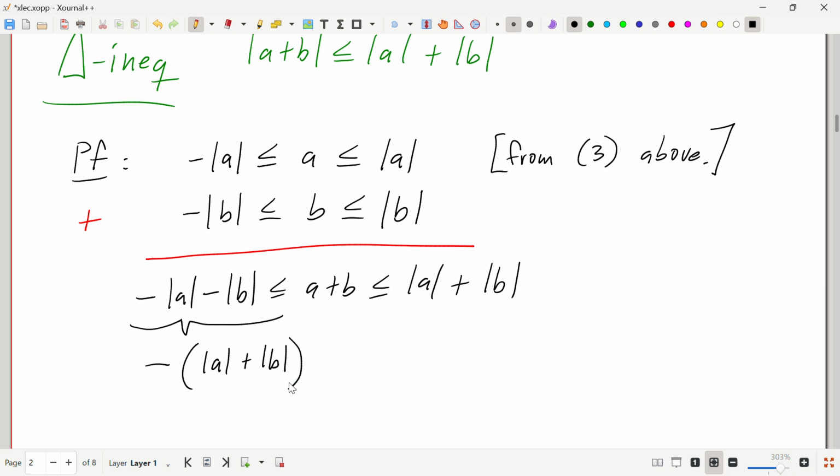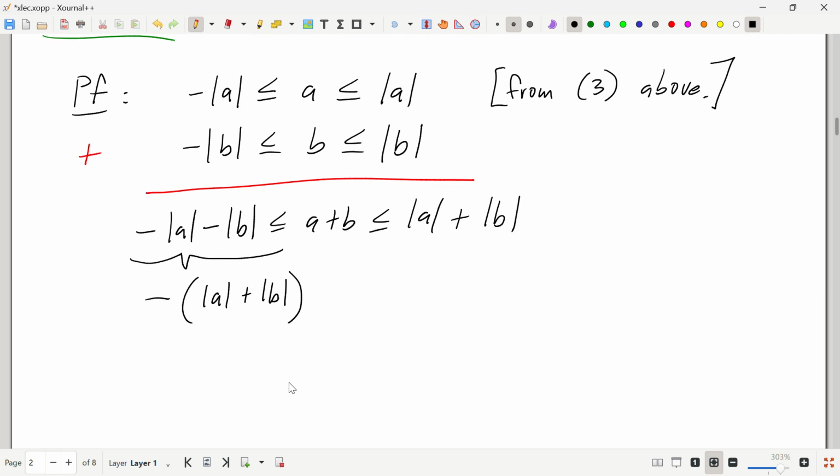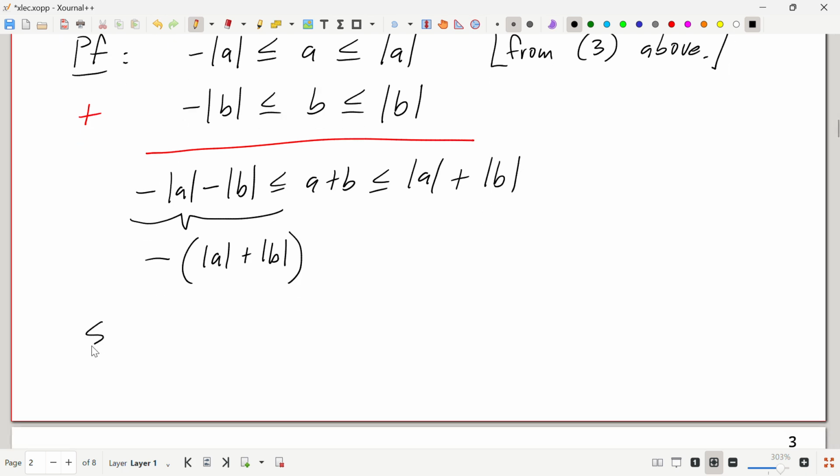And those inequalities by number 3 imply that the absolute value of a plus b, squeezed in by those two things, plus and minus, is less than or equal to. So I'm using 3 again. So let's see, what does that show? That shows that the absolute value of a plus b is less than or equal to absolute a plus absolute b. Check. And that's from 3 again.